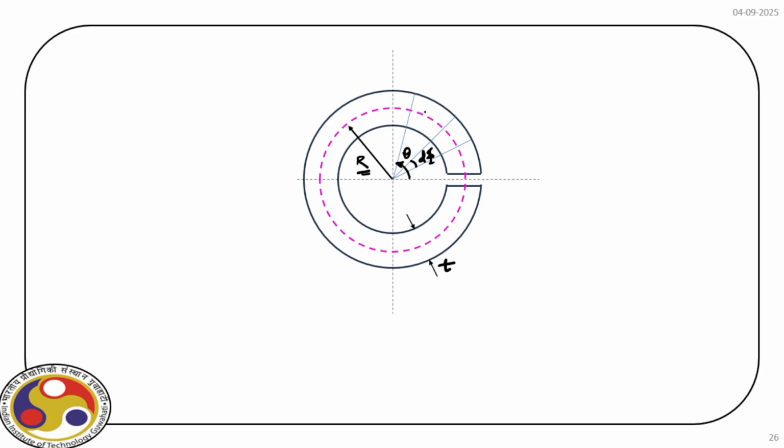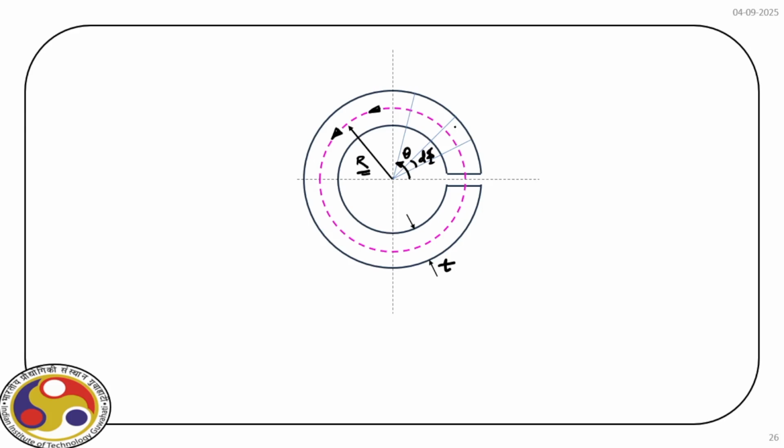You can see the dotted line which is passing through the middle of the section, and the direction is like this. So our job is to find out the value of tau sx, right? That we'll do in a minute.